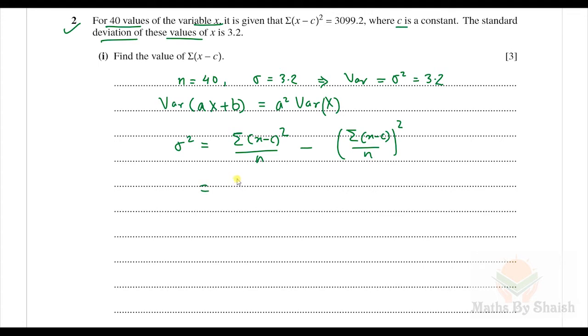And we know it is going to be 3099.2 over 40 minus, this is not given, so I'll write it as it is, x minus c over n whole square. And sigma square, that is 3.2 square, if we solve it, is going to be 10 point, or I'll write in the fraction, it is 256 over 25.